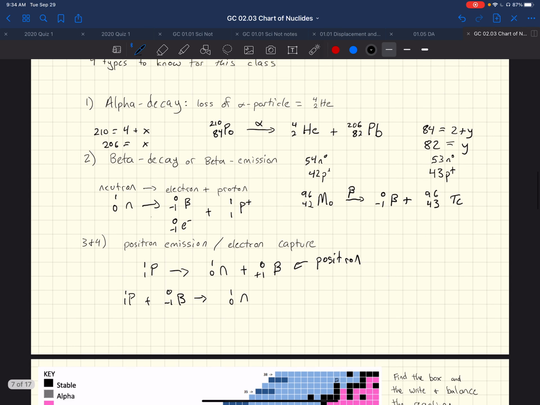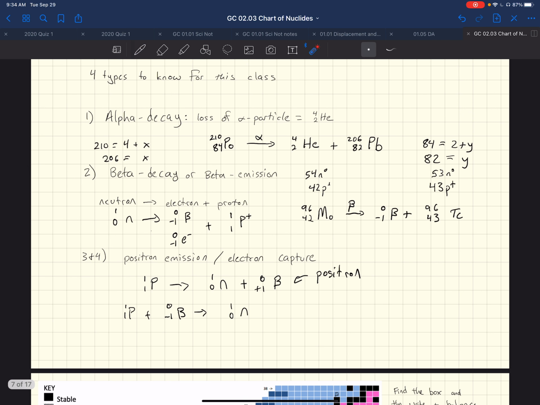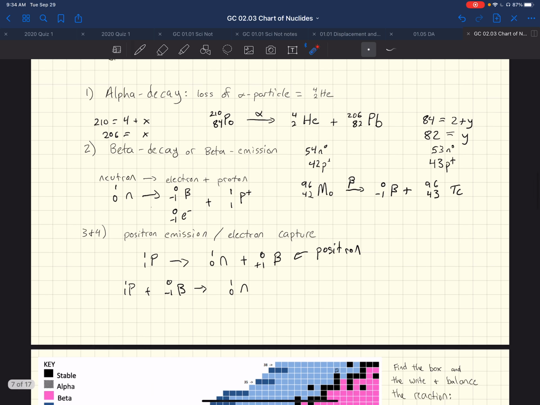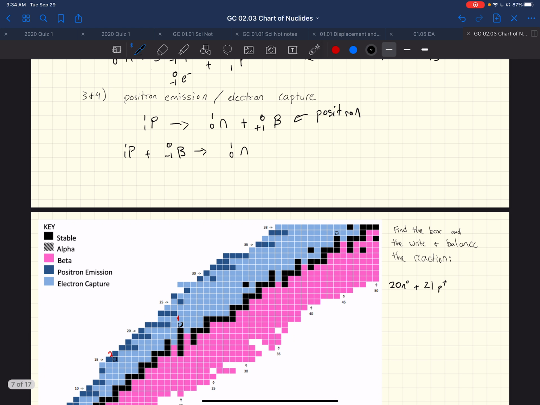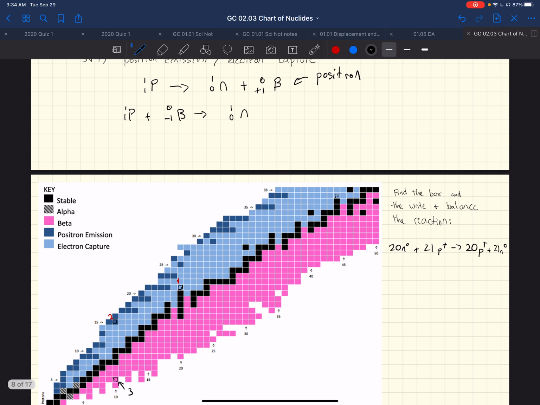And if I go back up here, electron capture is when an electron hits a proton and makes a neutron. So we're going to end up losing a proton to make 20 protons, and I'm going to gain a neutron. That's the net effect of what's going on in number 1.